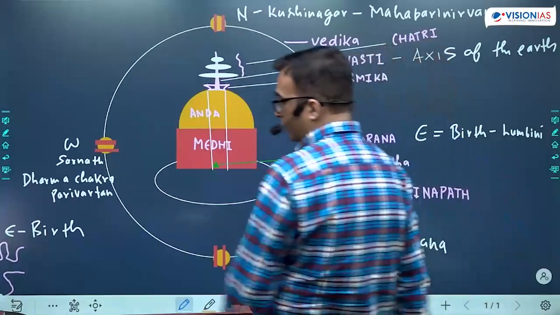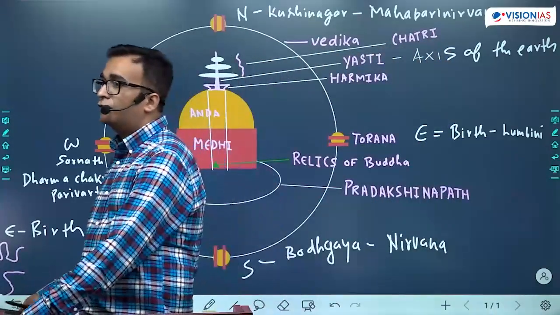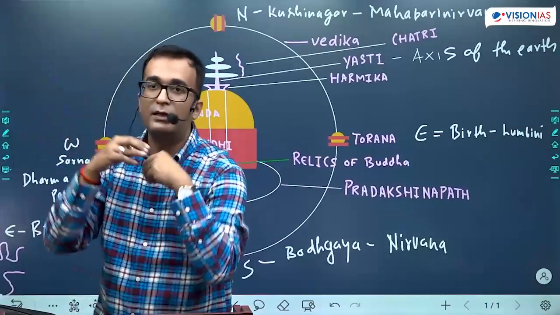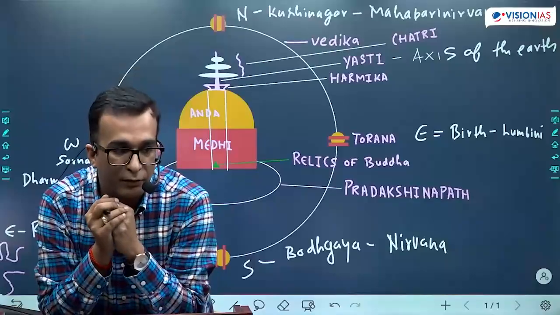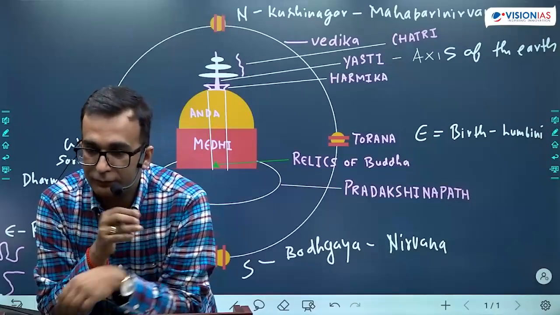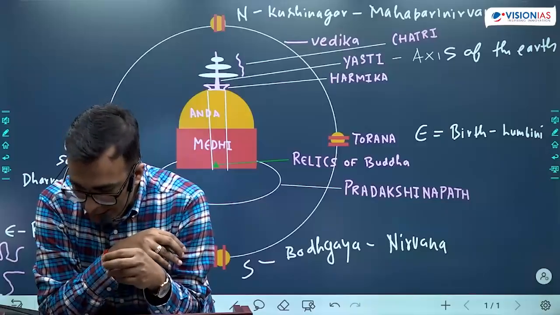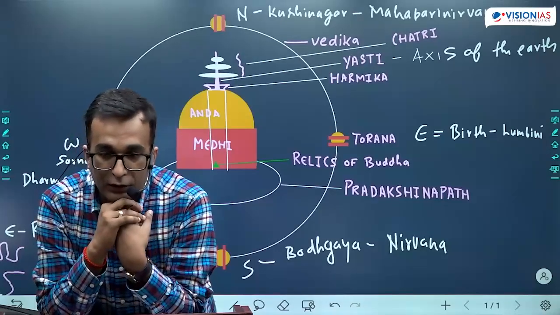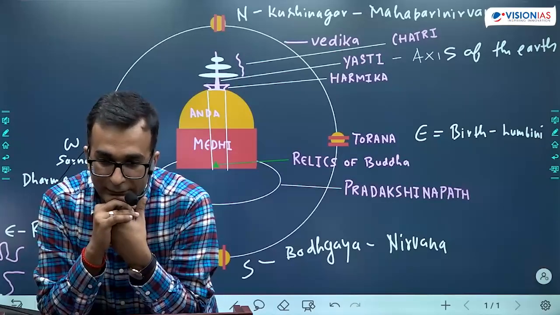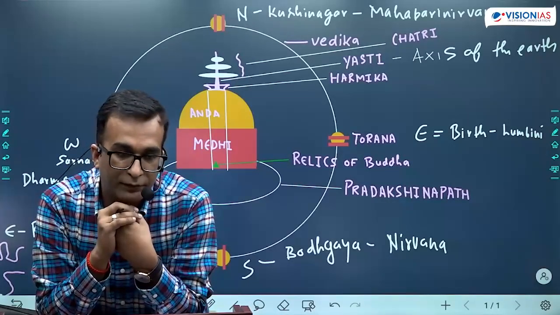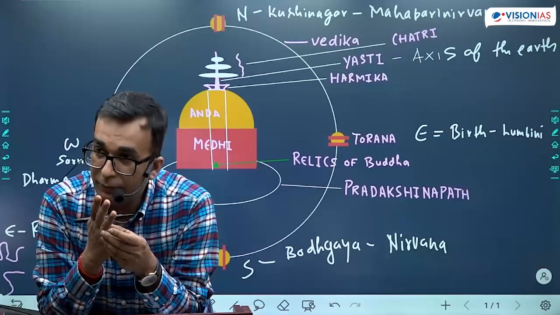So the first part of the stupa premise is Vedika, the boundary wall. Vedika, boundary wall. Full stop.